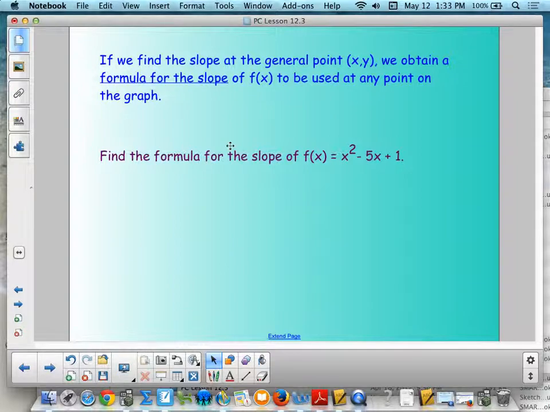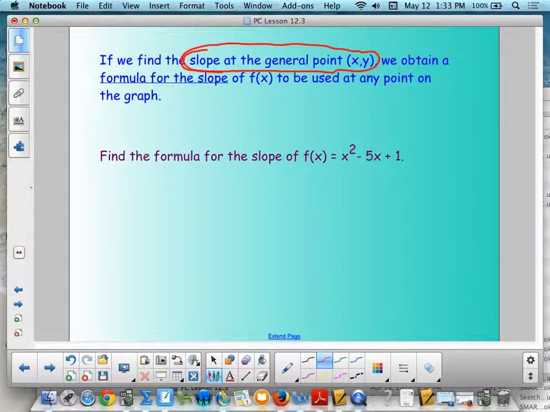All right, so if we find the slope of the general point x, y, that already sounds different, doesn't it? Find the slope at any point on the graph, x comma y.